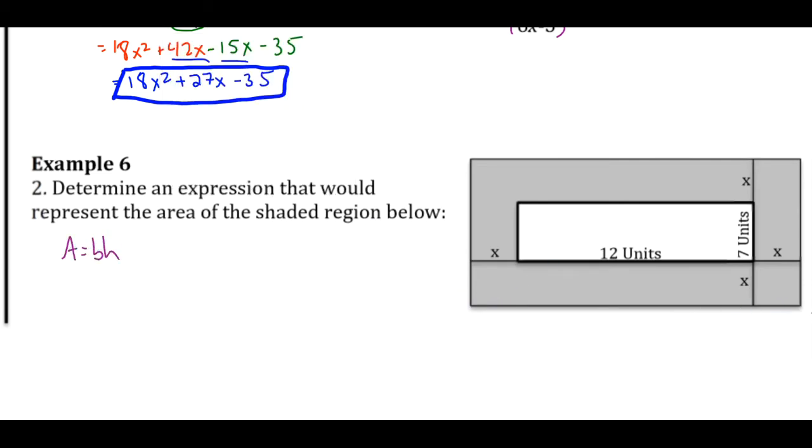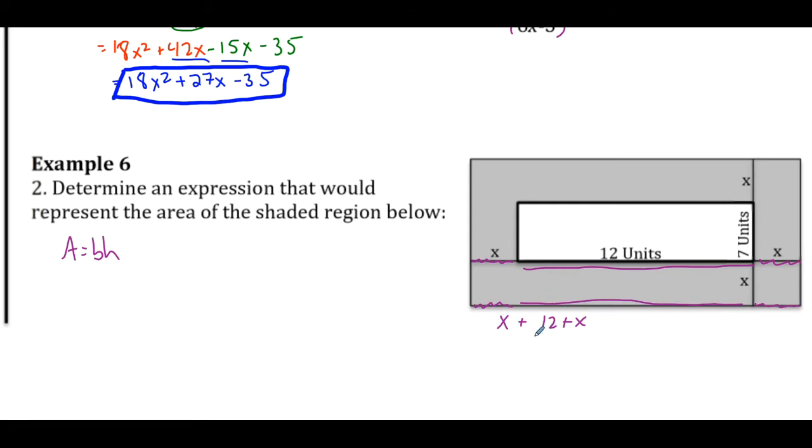The base of this rectangle, well, we know that this is 12, and we know that this is x, and this is x. So if I'm going to find the length of this whole line, it's going to be x plus 12 plus x, because this x is the same as this section right here, and then this 12 is the same as this section here, and then I've got another x that's the same as this section here.